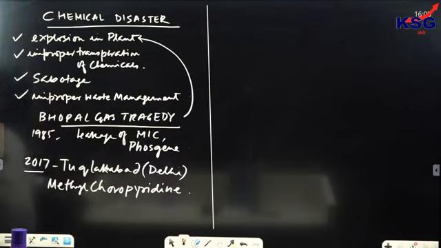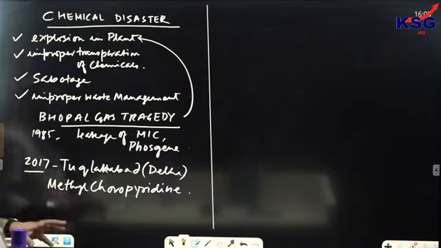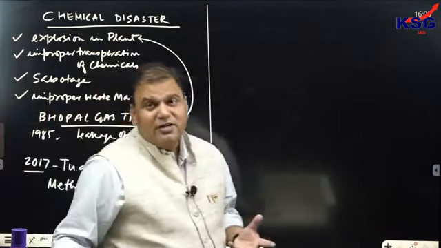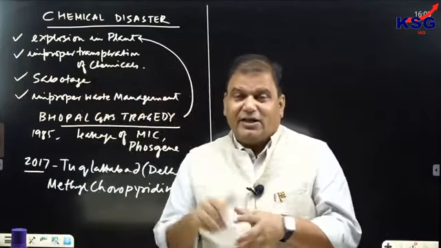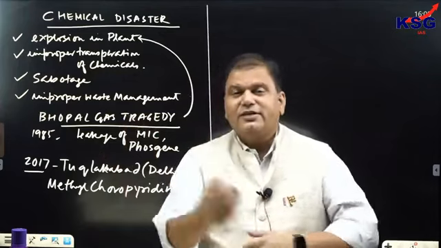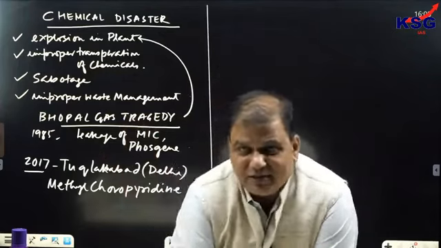This leakage was responsible for the tragedy because a number of school children were affected. And then numerous examples. For example, LG Polymers, leakage of a gas called styrene in 2020. Recently also, near Ludhiana, a chemical disaster took place.